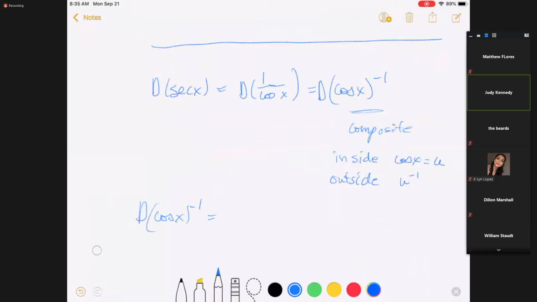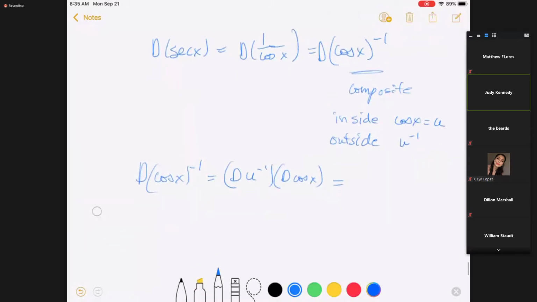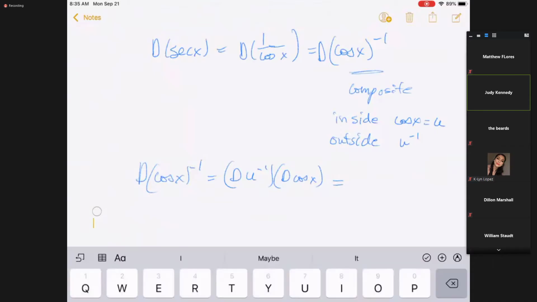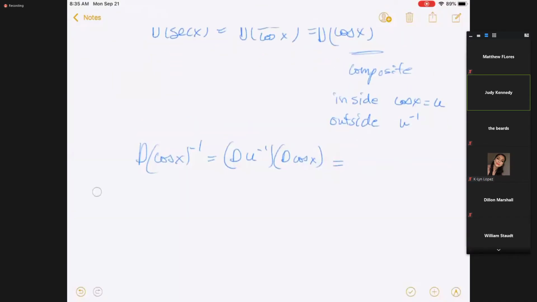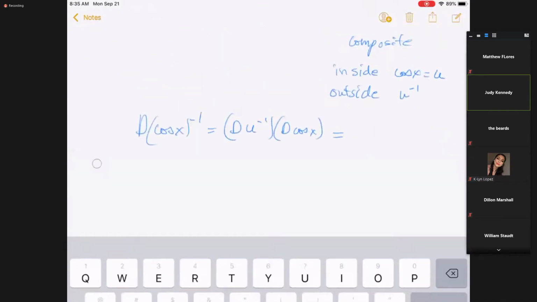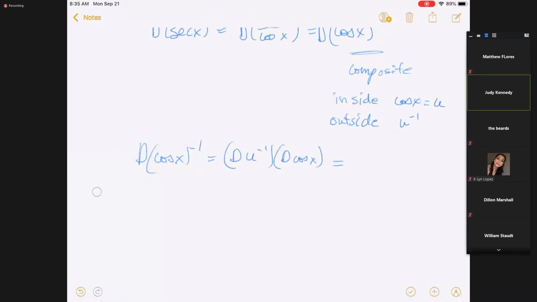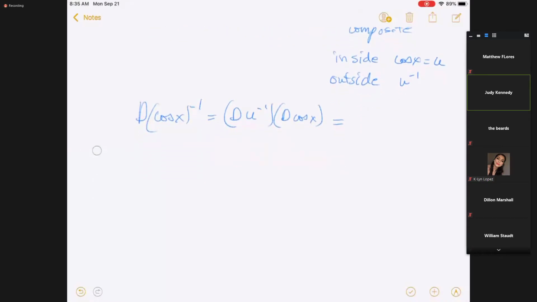the derivative of u to the minus 1 times the derivative of the cosine. I've got u and x. Okay. The derivative of u to the minus 1, use the power rule for that. Okay, so that would be minus u to the minus 2.